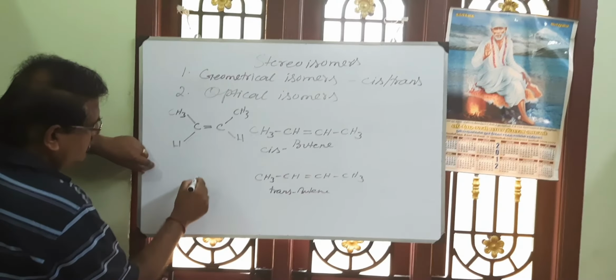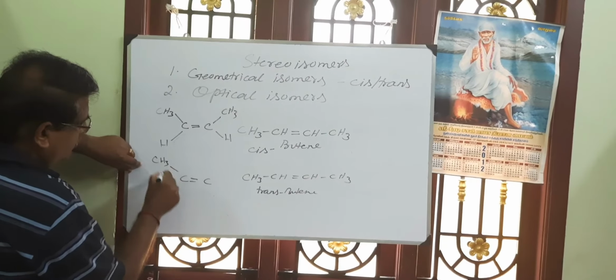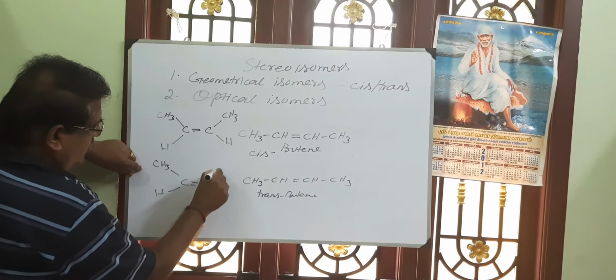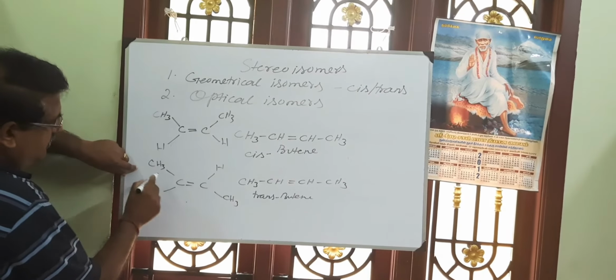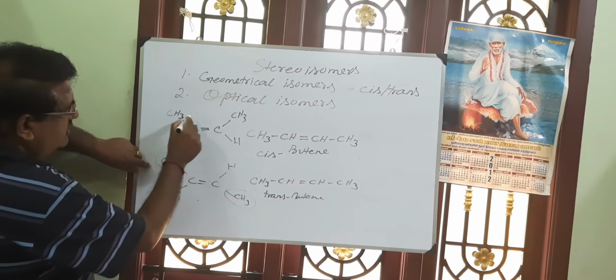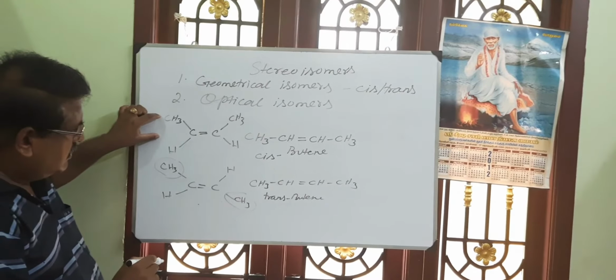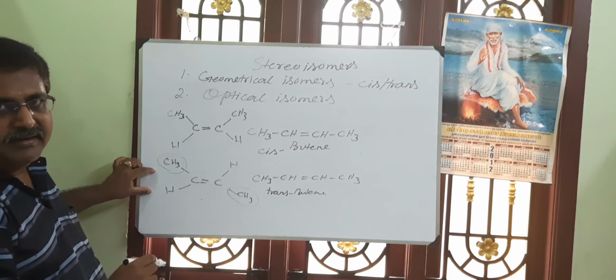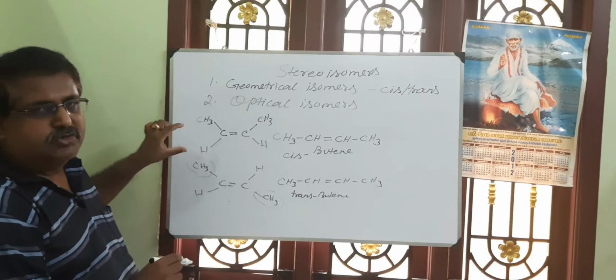What happens here? C double bond C, CH3, H, H, CH3. This is trans because these 2 CH3 groups are opposite to each other. In the other case, they are on the same side. So this is called cis-butene, and this is called trans-butene. This type of isomers are called geometrical isomers.